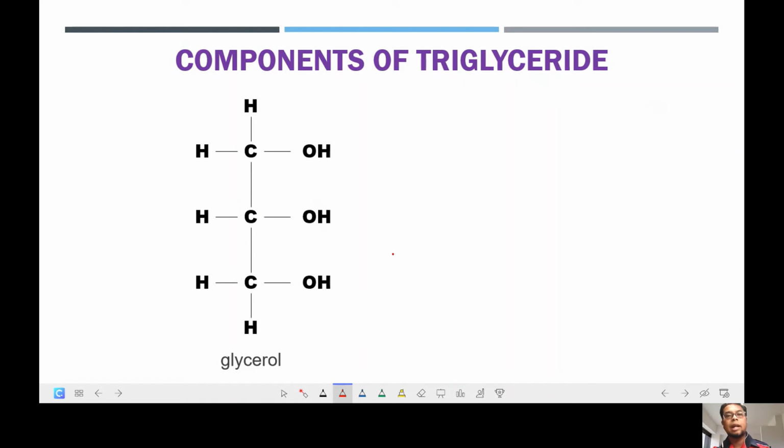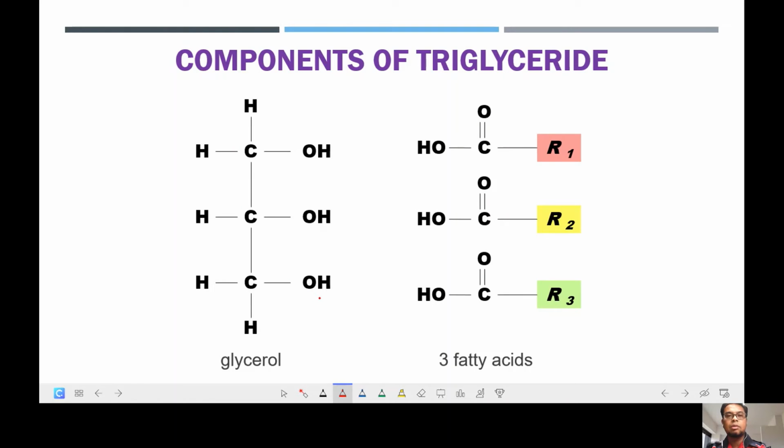In this particular diagram, we can see the components of the triglyceride, in which number one will be the glycerol. We can see there are three carbon atoms and three hydroxyl groups, and the rest will be the hydrogen atoms. Next component will be the fatty acids.